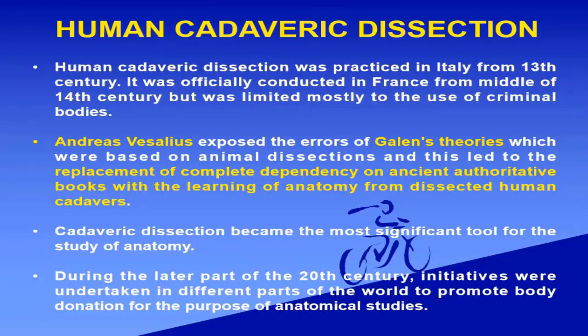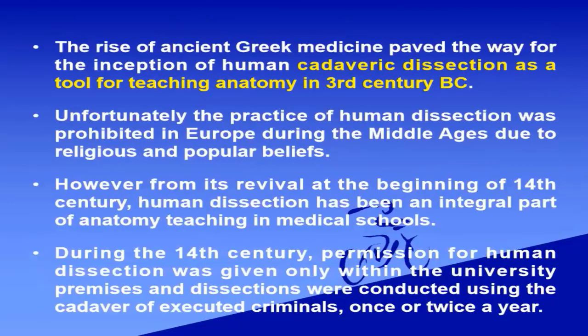During the latter part of the 20th century, initiatives were undertaken in different parts of the world to promote body donation for the purpose of anatomical studies. Now, the rise of ancient Greek medicine paved the way for the inception of human cadaveric dissection as a tool for teaching anatomy in the 3rd century BC.